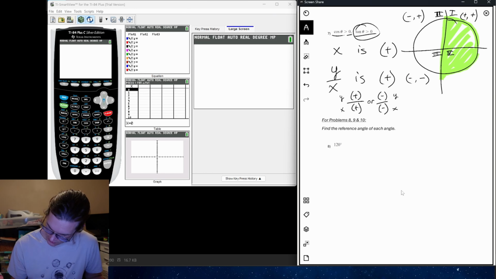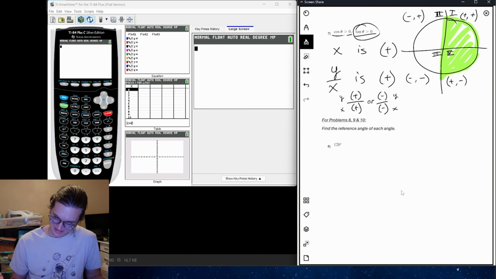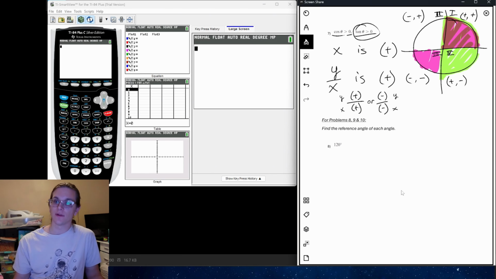And the fourth quadrant is over here, it's plus minus. So the place where tangent is positive is in here and in here. So we've solved it, right? The place where cosine is positive is the green. The place where tangent is positive, or greater than 0, is the pink areas.